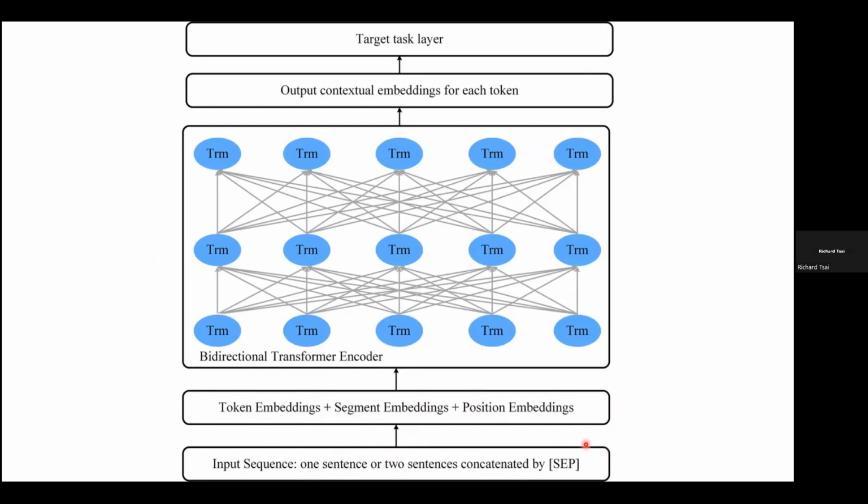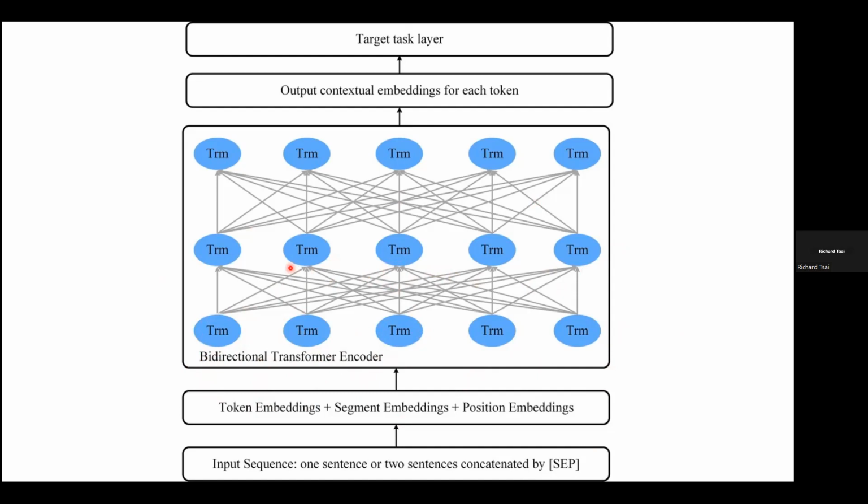The resulting list of embeddings is then input into the first bidirectional transformer encoder. Subsequently, the output from the first encoder is passed to the second encoder, and this process continues.